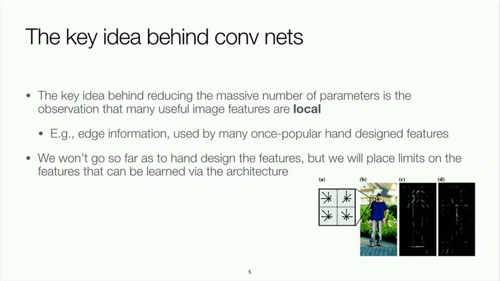That's what we mean by architecture. We're going to specify this architecture to pay attention to only local information in the image, and doing so will allow us to reduce the number of parameters we need, so that we're no longer working with massive, fully connected networks that have way too many parameters for efficient learning.